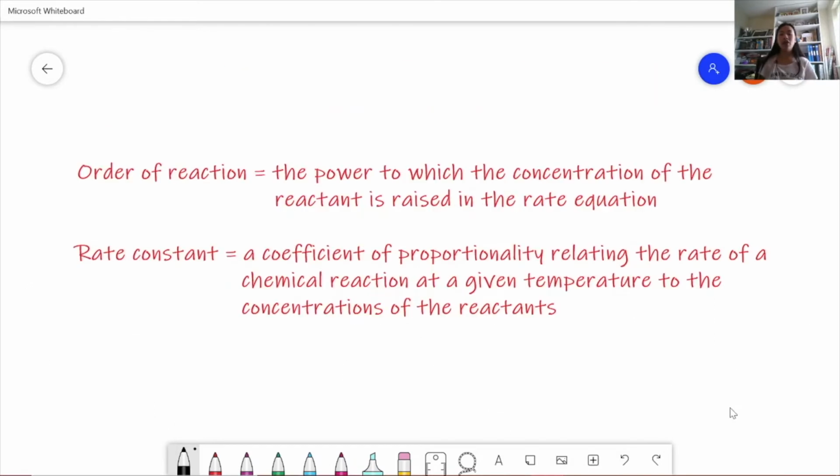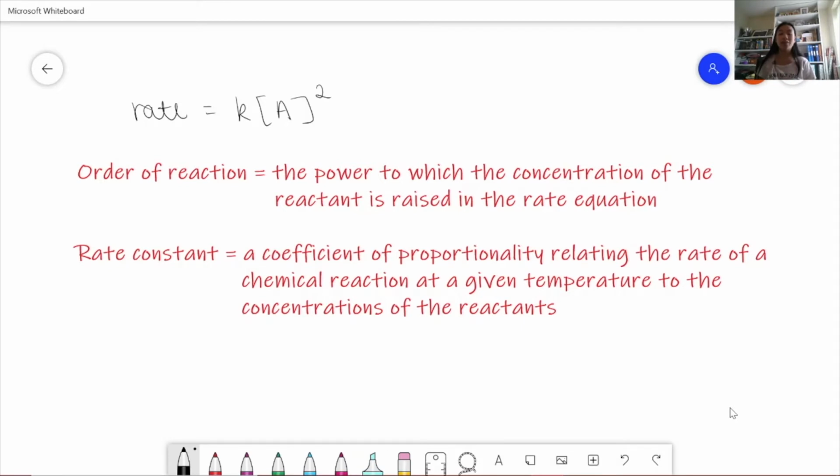So the definition of order of reaction is the power to which the concentration of the reactant is raised in the rate equation. So if we have rate equals k times the concentration of A to the power of, let's say, 2, that means that the order of reaction in respect to A is 2.